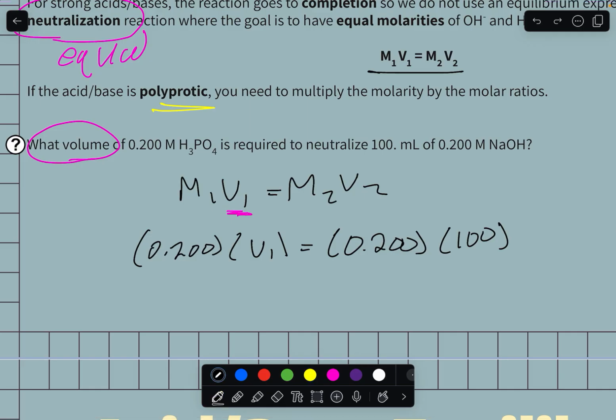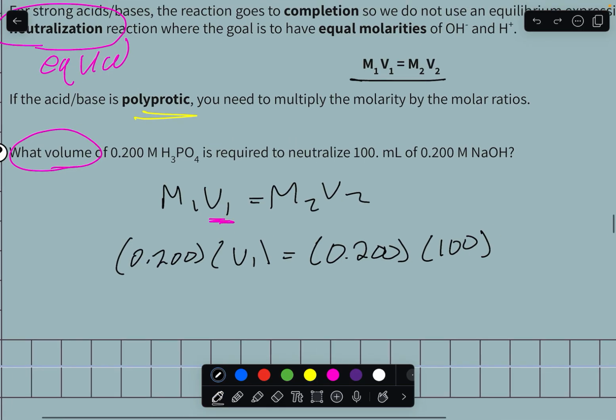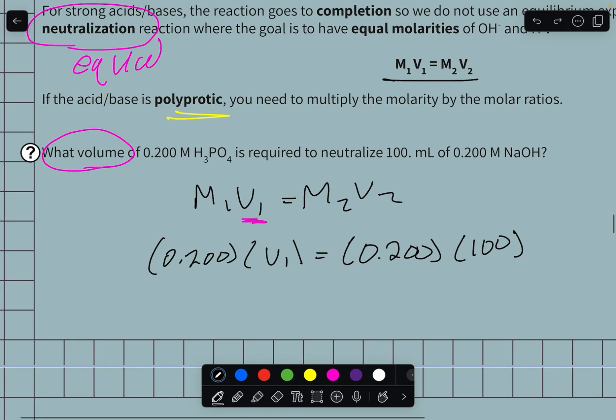So if you do this equation here, and just really quick, I just mentioned this for polyprotic, we need to multiply our molarity here by 3 because we have 3 hydrogens. So really, this is 0.600 there.